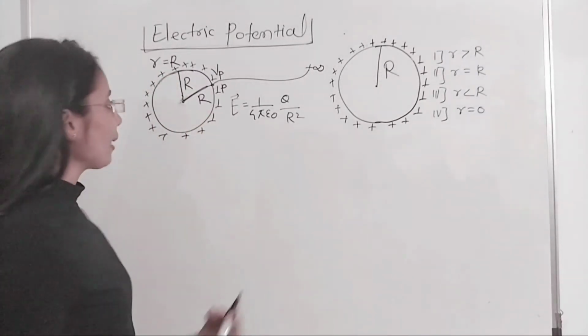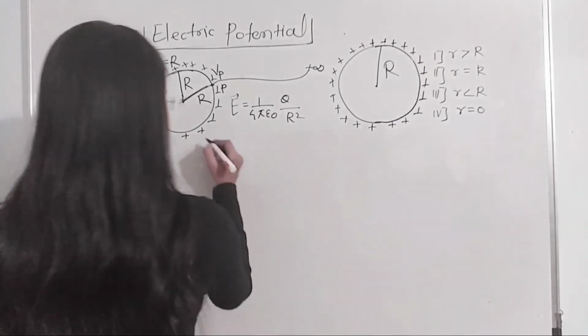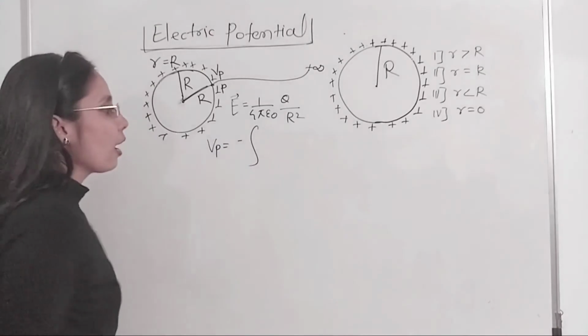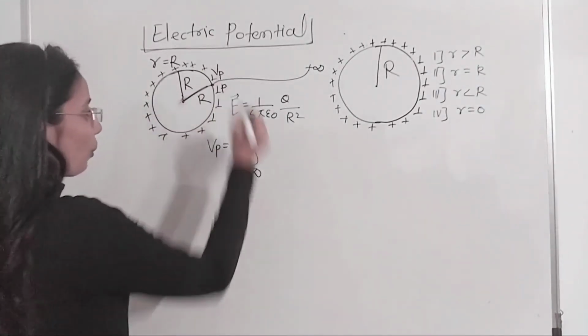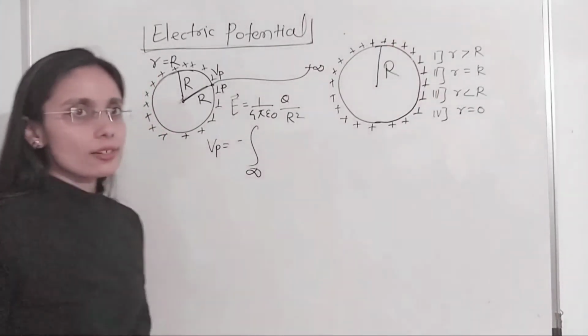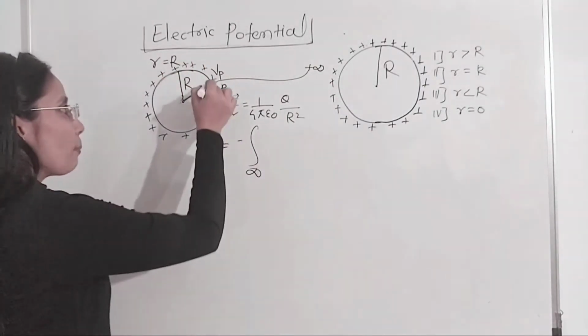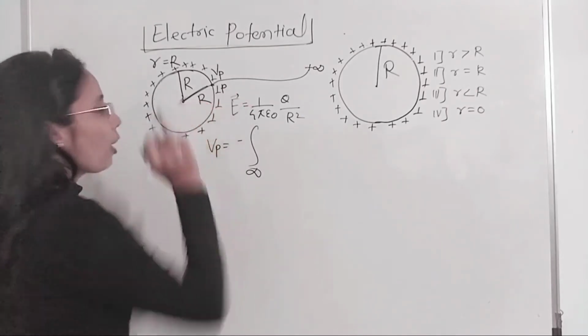So we have to find the electric potential, and the formula for the electric potential is Vp equal to minus integral from infinity to the point R. We have to pick up this charge from infinity and drop it at point P. So this point is a capital R distance from the center.